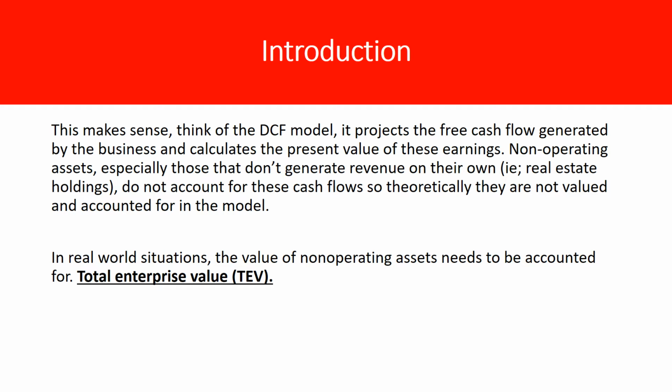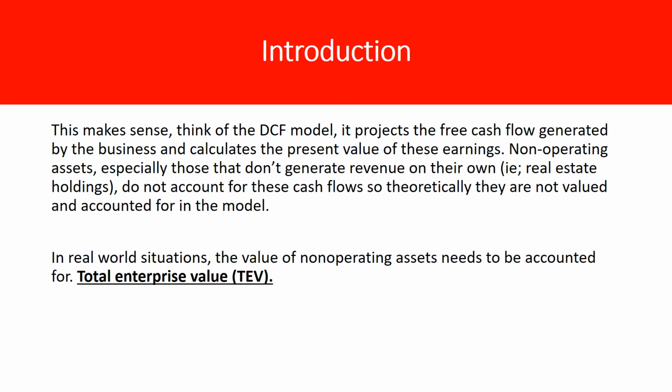Now, the best way to look at it is think of a business that has a core service business that generates revenues and additional real estate interests that either they house their operations on, or they just hold in a separate portfolio and maybe collect a little bit of revenue from, but not enough.